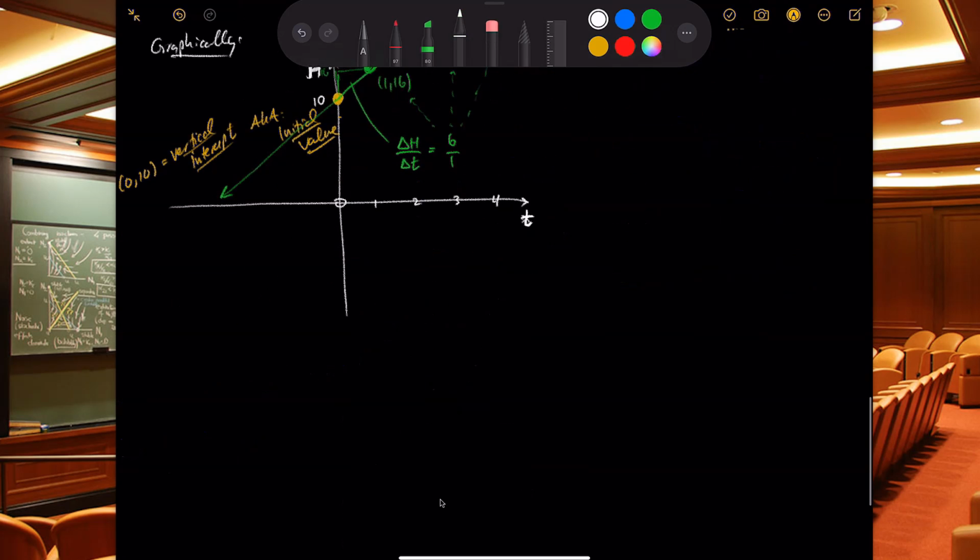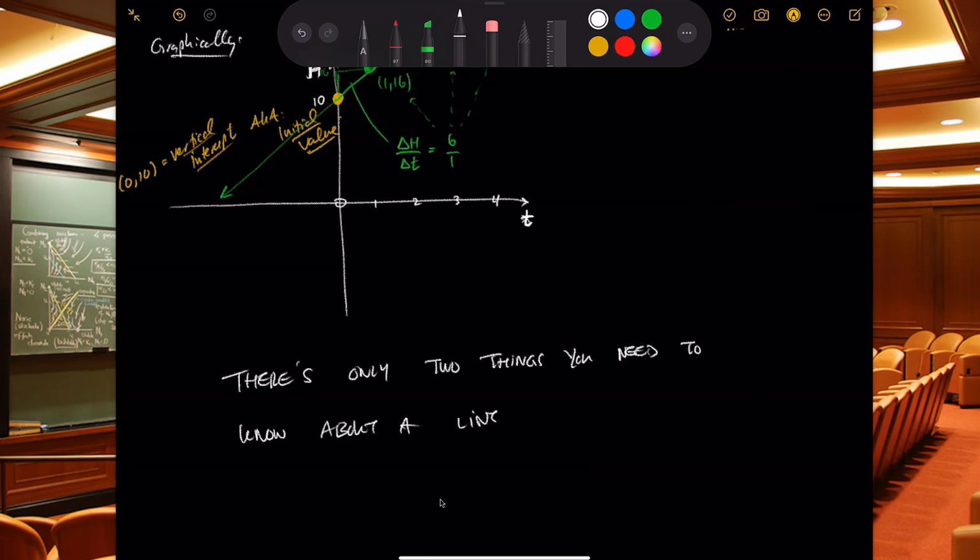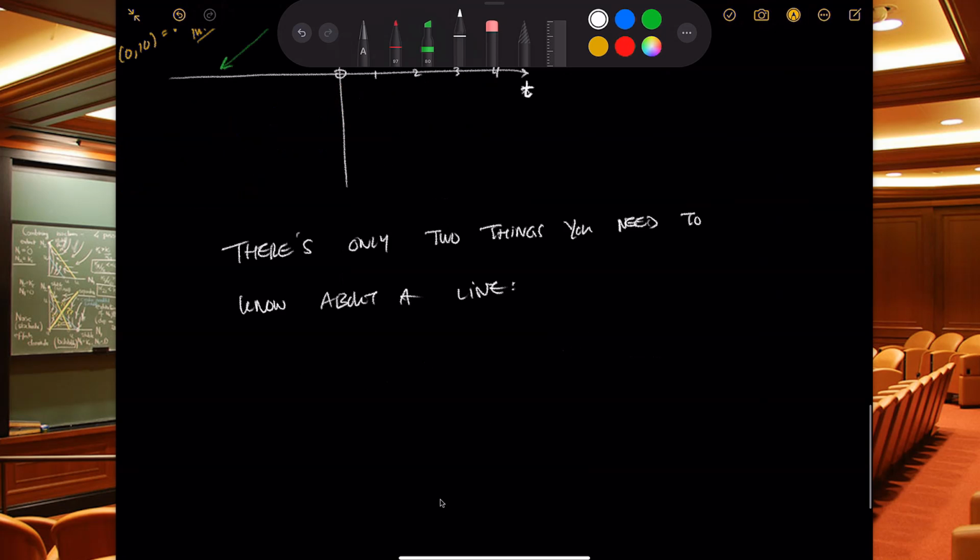So what I'm trying to tell you is that there's only 2 things you need to know about a line. This is why they're super useful, is because they're simple. There's only 2 things you need to know about a line. A point, a singular point, and its slope.